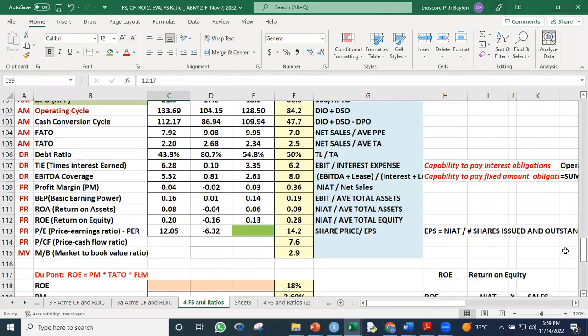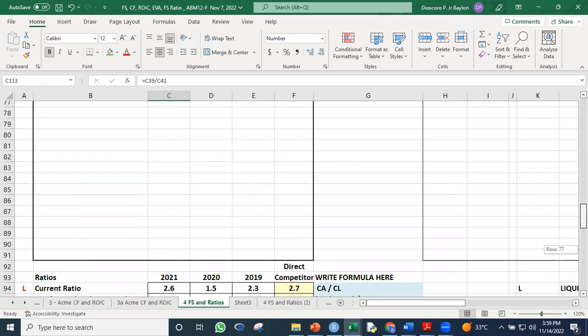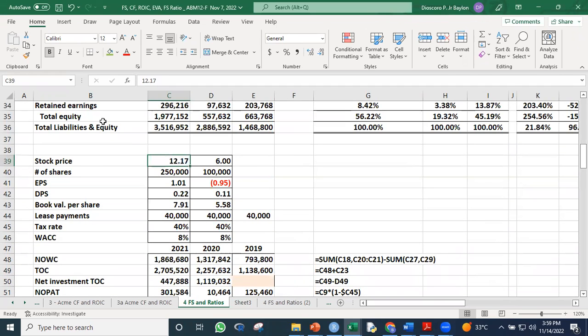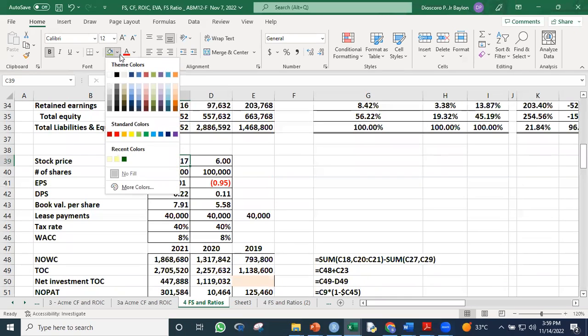Yung PER it's a ratio. It's a ratio where you're dividing the share price with the earnings per share. Okay, so I hope that's very clear, no? Hindi ko sinasabi na ang Globe, ang price niya ay 12.05 or this company, ang price niya ay 12.05. Hindi. Ang price nga niya binigay sa atin, 12.17. Diba? Yun ang price ng share na to. Ayan, 12.17. That's the price of this stock.